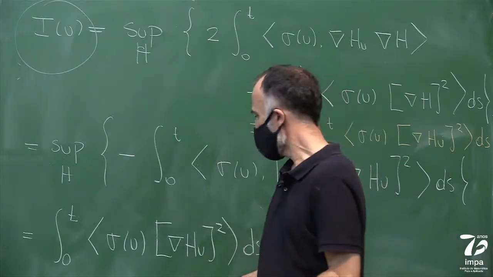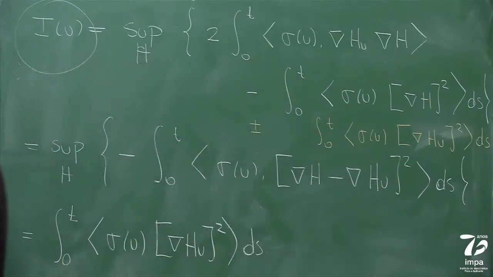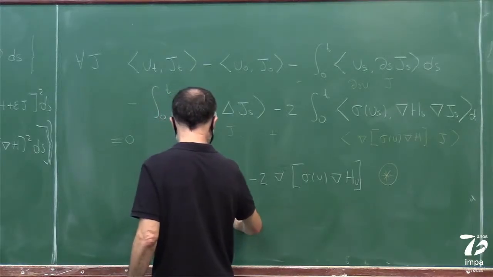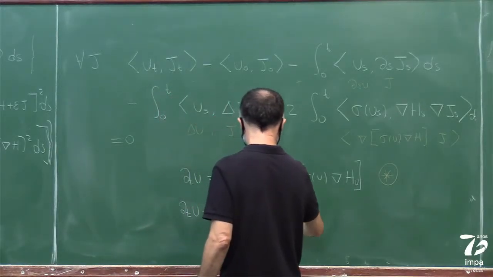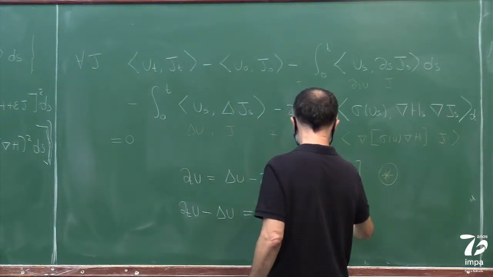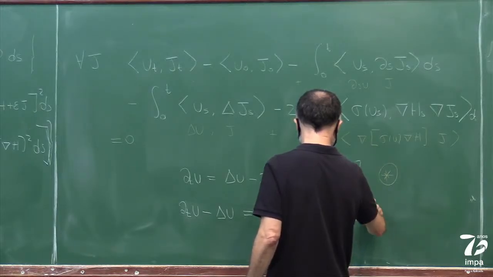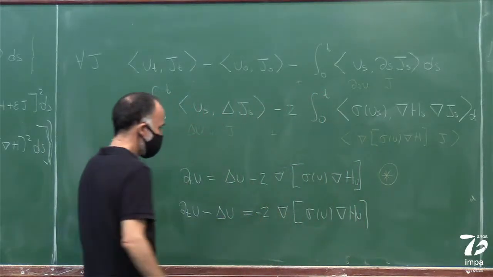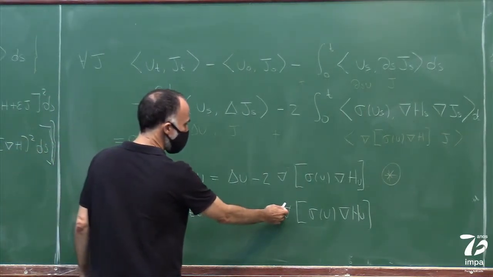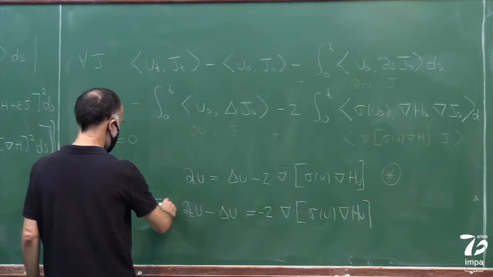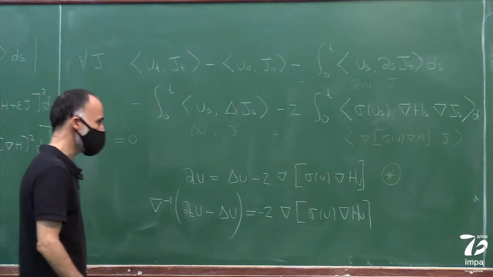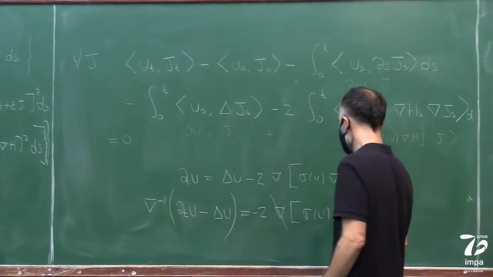Okay? And what is gradient of hu? So dtu minus Laplacian of u is equal to minus 2 times the gradient of sigma of u gradient of hu. So let me take the inverse of this expression on both sides. So that will cancel here.